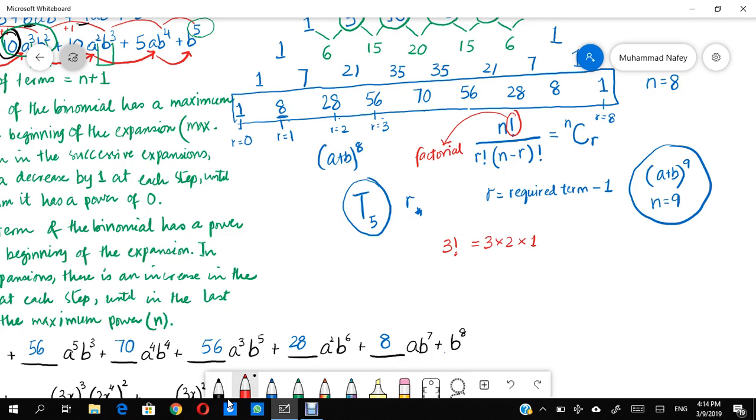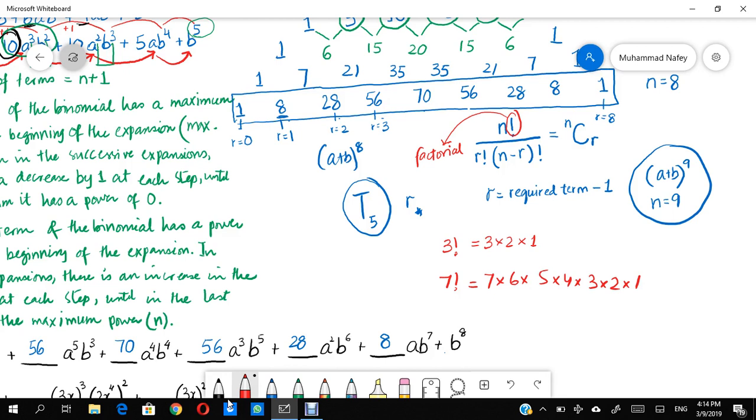So 3 factorial is 3 times 2 times 1. Likewise, 7 factorial would be 7 times 6 times 5 times 4 times 3 times 2 times 1.